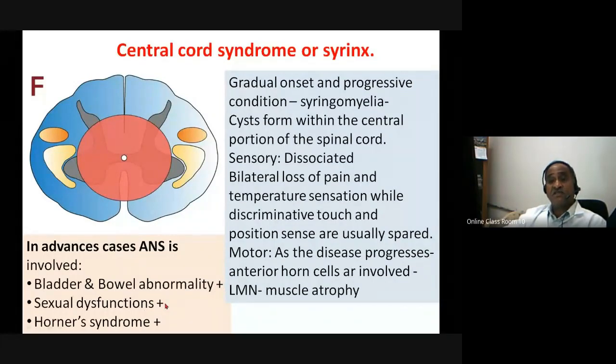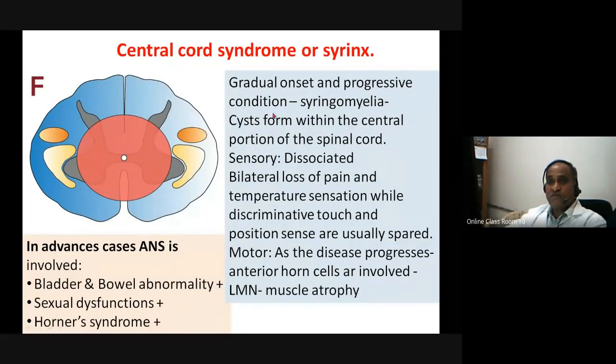Then there may be sexual dysfunctions. Then there is Horner syndrome, because usually the adrenergic activity dilates the pupil, and in the absence of the adrenergic or sympathetic activity, the radial muscles do not contract, and the pupils become constricted.